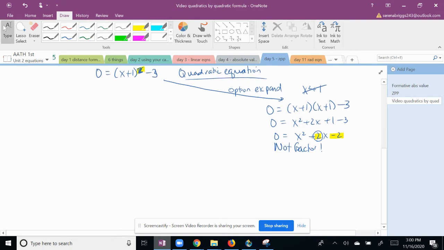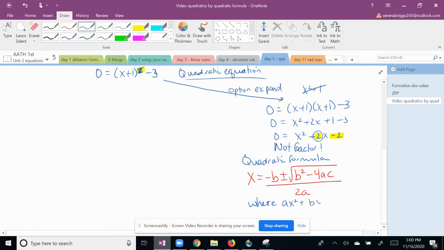Well, you remember from algebra class that you had a formula called the quadratic formula. And I'm going to sing this once. X equals the opposite of b plus or minus the square root of b squared minus 4ac, all over 2a. But that's only good if you know what a, b, and c are, and you will know what a, b, and c are when you write this down.